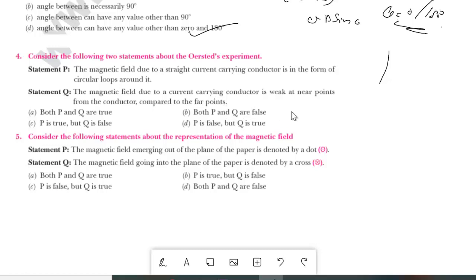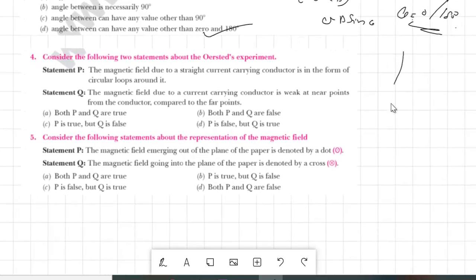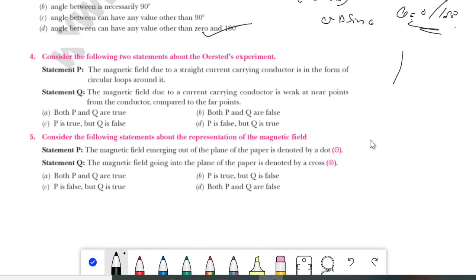Where will the magnetic field be weak, at the near point or the far point? Far point it will be weak, and near point it will be stronger. So this statement is wrong, but the first statement is correct, as the magnetic fields are in the form of circular loops. I'll give this as homework for you. Please try to do that.